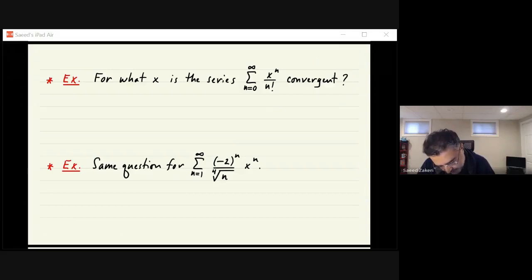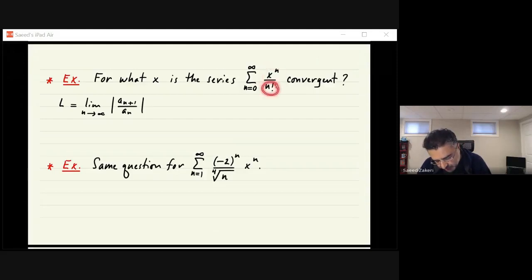So if you were to form L, which is the limit as n goes to infinity of absolute value an plus 1 over an. Again, why do I put absolute value? Because I don't know if these guys are positive or negative.